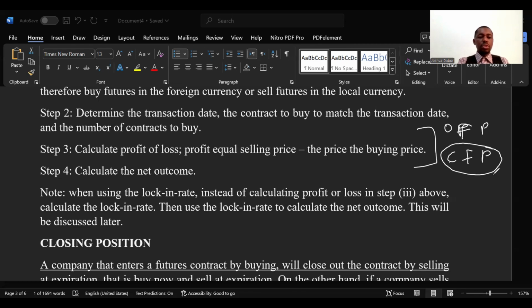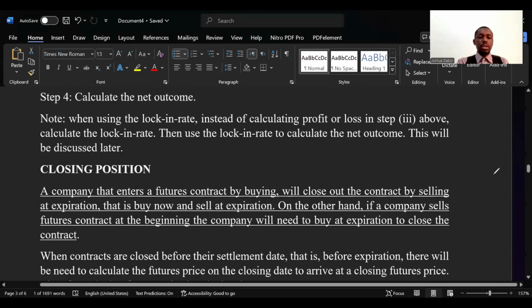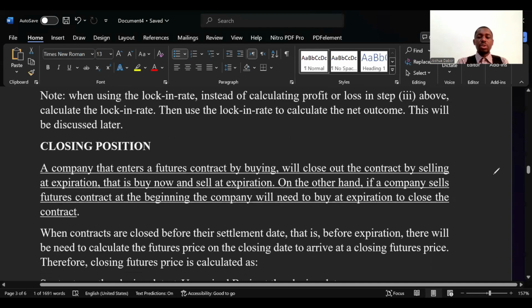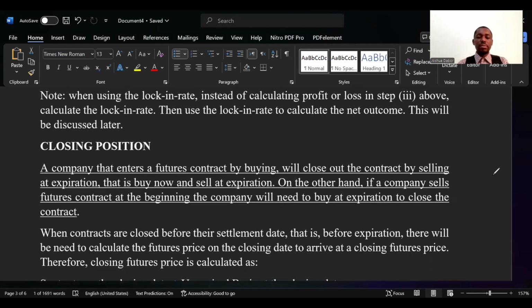So closing position, what is the closing position? If a company enters into a futures contract by buying, the company will close by selling at expiration. So if today is 15th of January 2022, and on the futures exchange, June futures, for instance, is, let's just say 30.